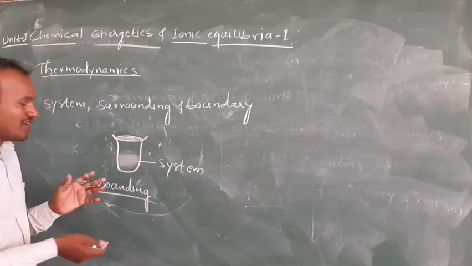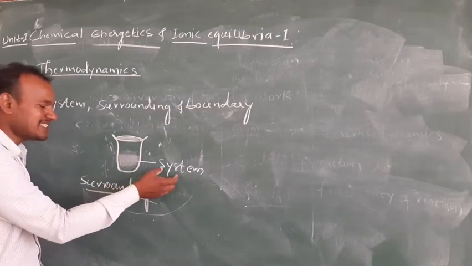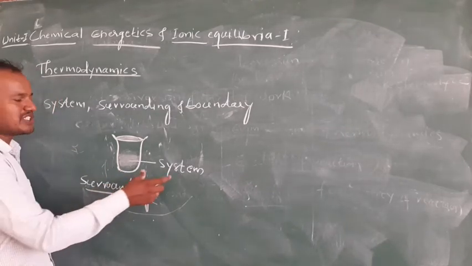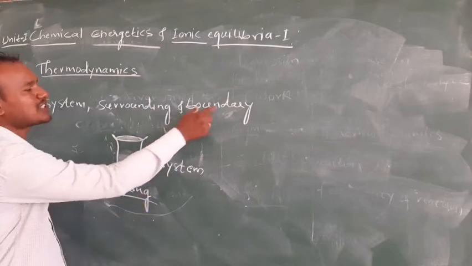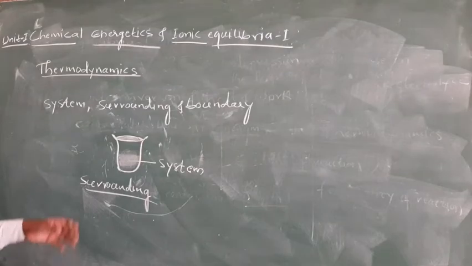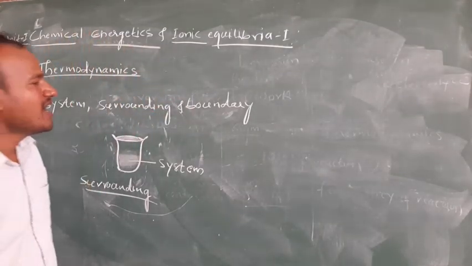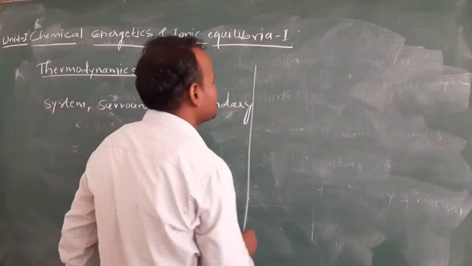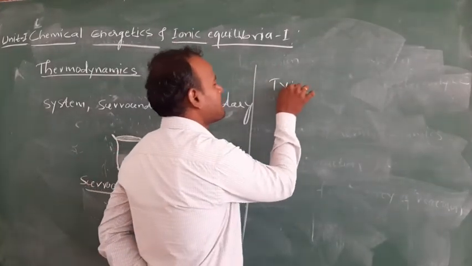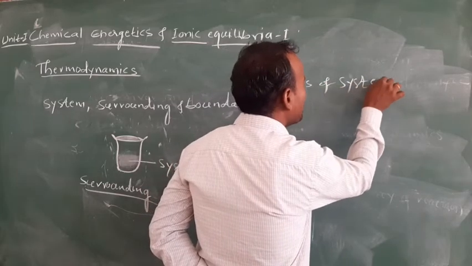Sometimes it can be an imaginary part which separates the system and surroundings, and that is called a boundary. These are the terms you can correlate with system, surrounding, and boundary. Now we have classified systems into three types, and we simply go with the basics.